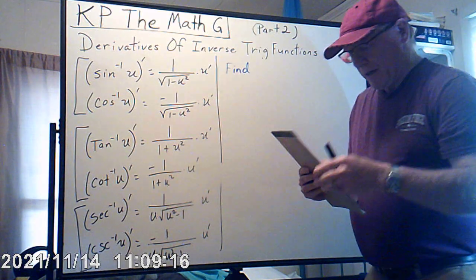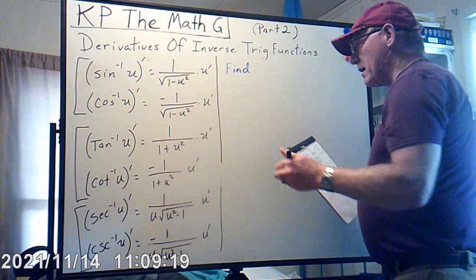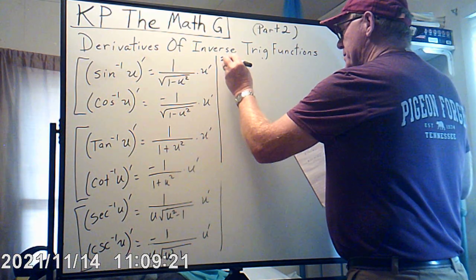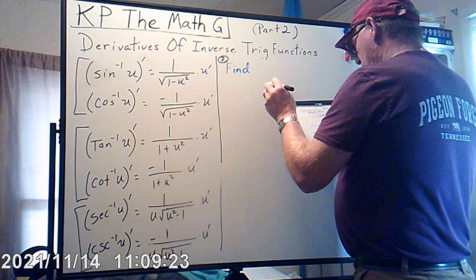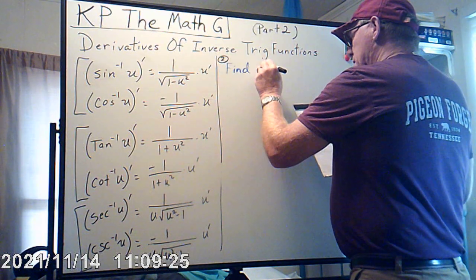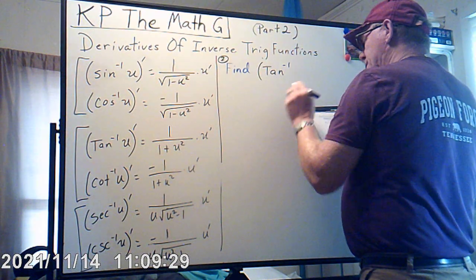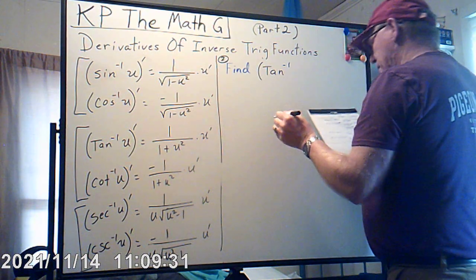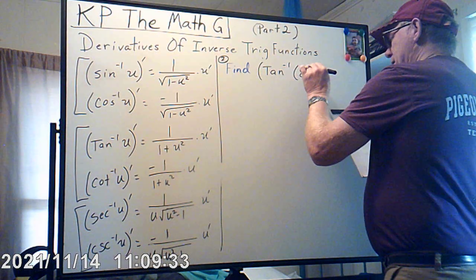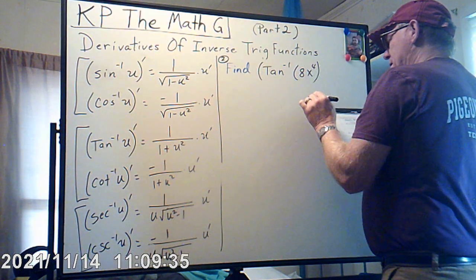Here we go, this will be number 2. Find the derivative of tangent inverse of 8x to the 4th power.